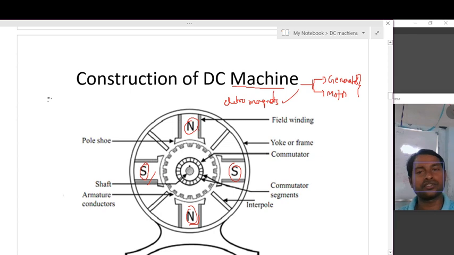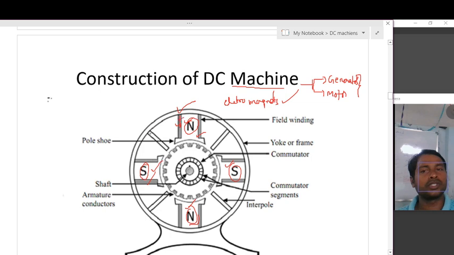We know that in the presence of an electric supply, these poles act as magnets. And this is nothing but the stator, the stationary part, and the poles are fixed to the stator.